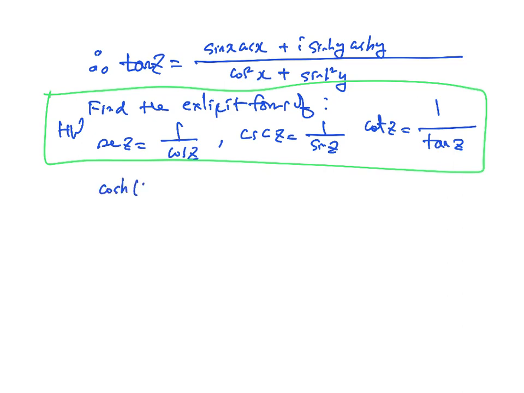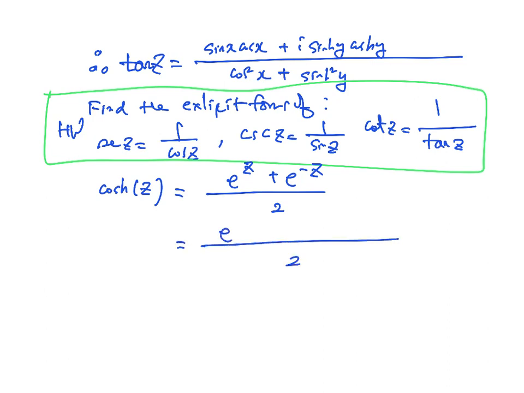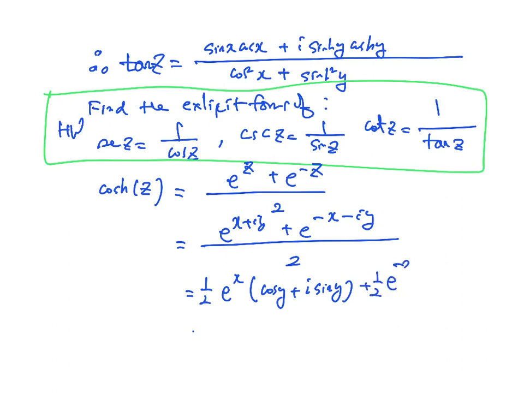Now cosine hyperbolic z is exponential z plus exponential minus z over two, so x plus iy and minus x minus iy. 1/2 exponential x cosine y plus I sine y, plus 1/2 exponential minus x cosine y minus I sine y.